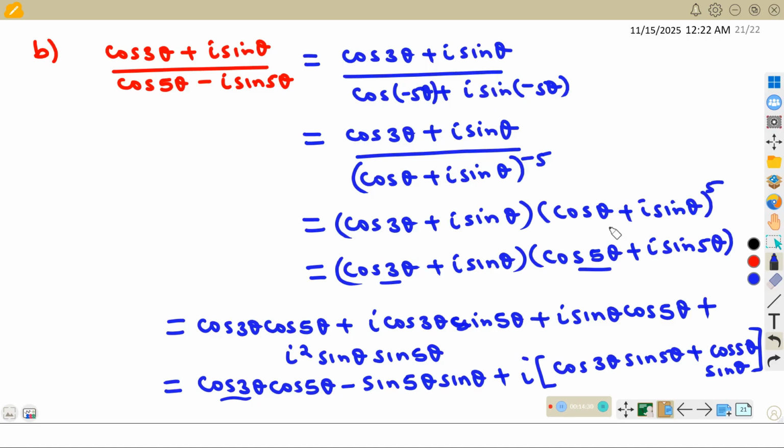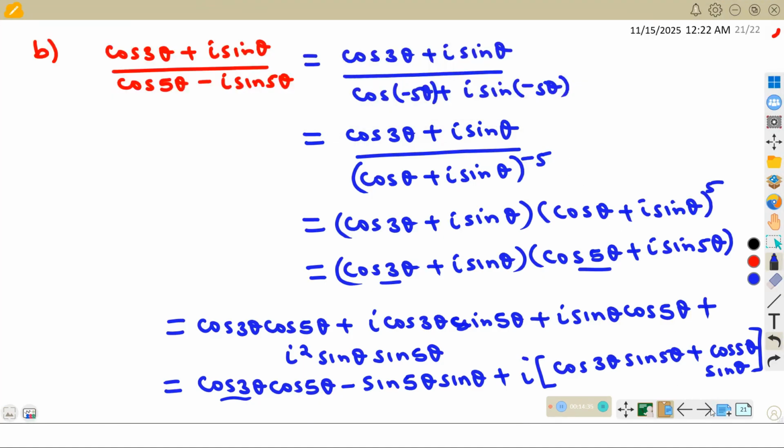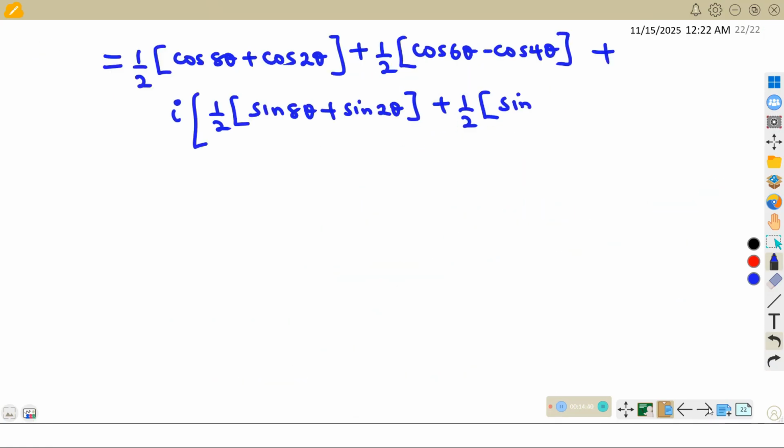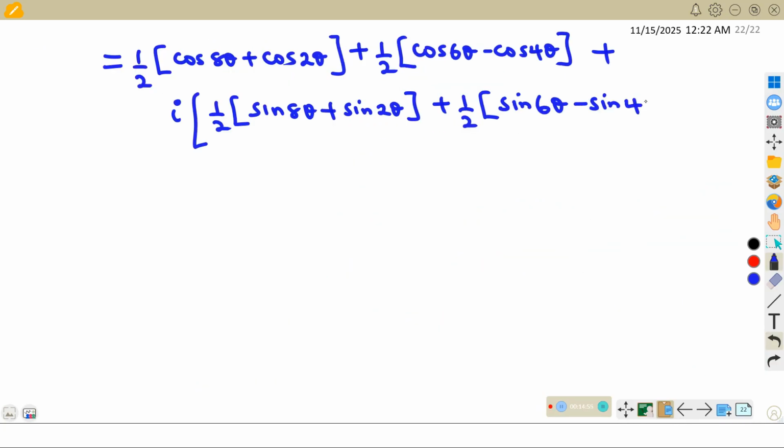So that is sine of 6 theta minus sine of, so next is 5 minus, that is 4. So minus sine of 4 theta. So this is all into i.